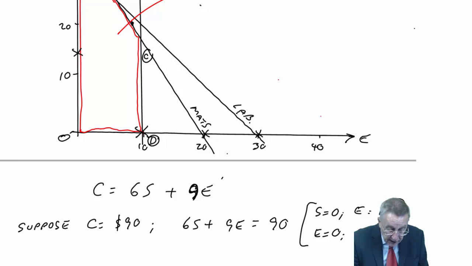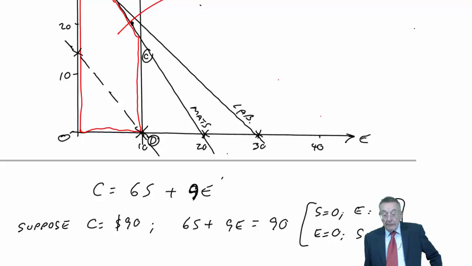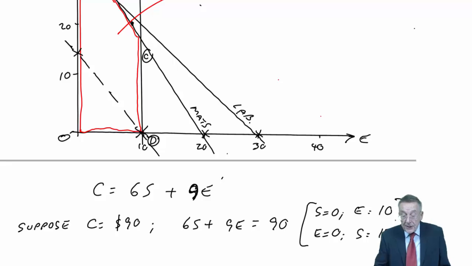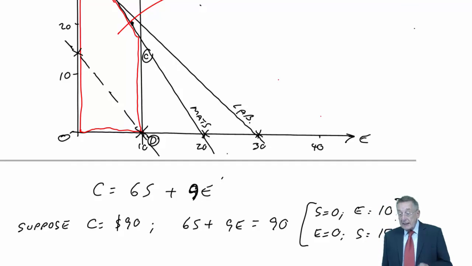I'll join them. I'll use a dotted line, so we don't confuse it with the constraints. Now, anywhere on that line, any combination of S and E on that dotted line would give a contribution of 90.